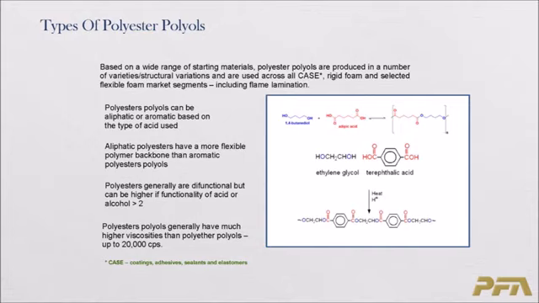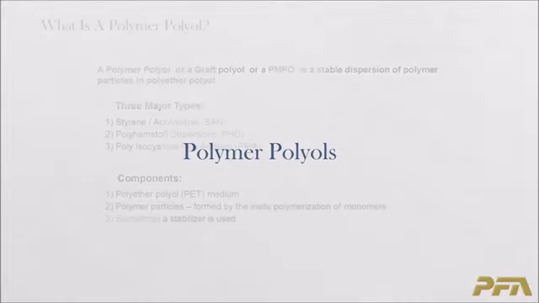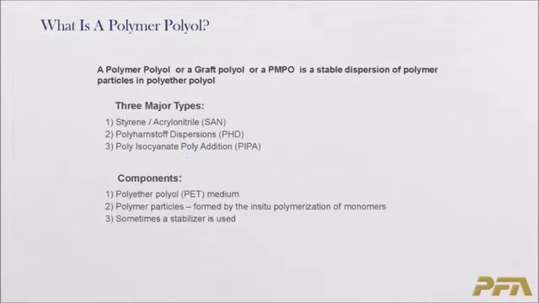Another family of polyols is called polymer polyols. And what polymer polyols are is a stable dispersion of a solid copolymer in a liquid polyol. And there's three main commercial types of polymer polyols, the main one based upon styrene acrylonitrile. Another is called PHD for the German polyharnstoff dispersion.